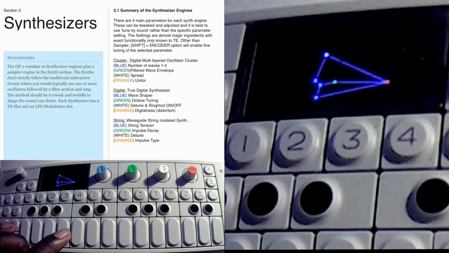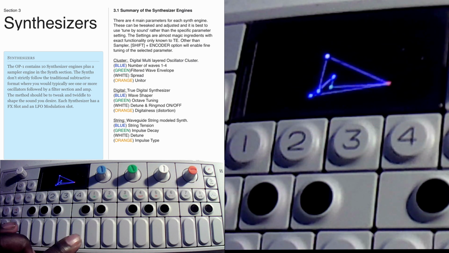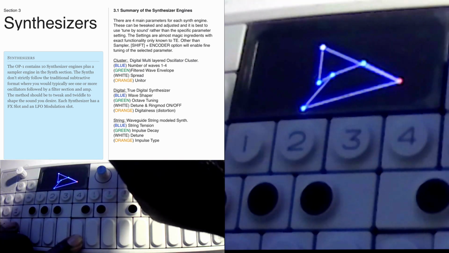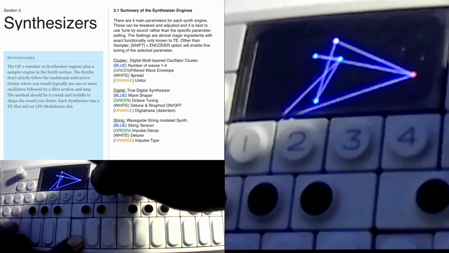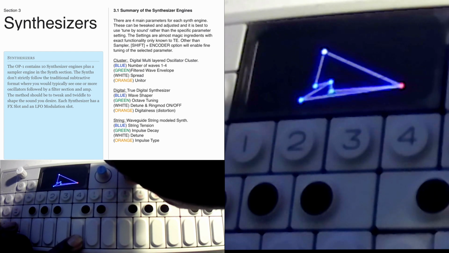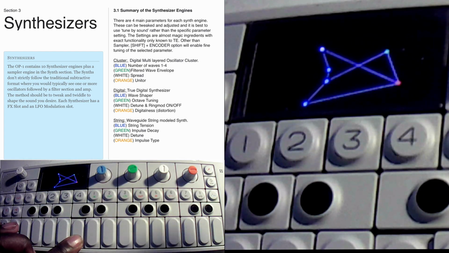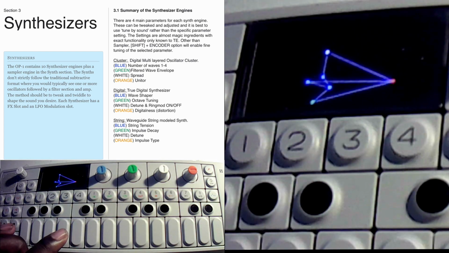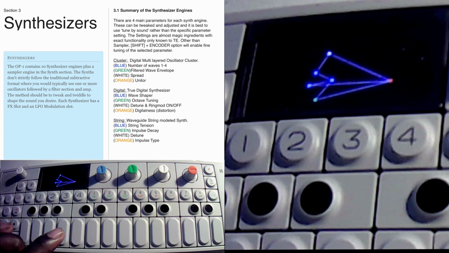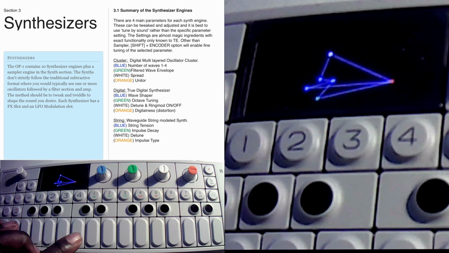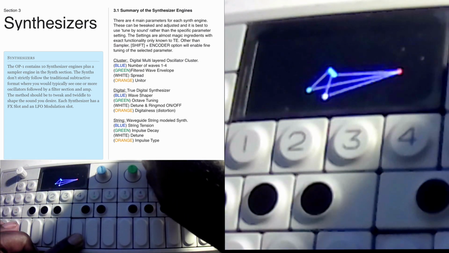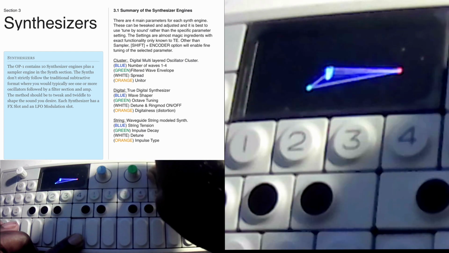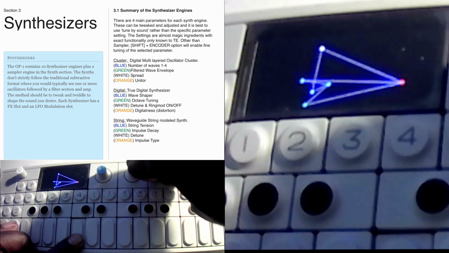The green knob is octave tuning: that's fully closed, about midway, and fully open. The white knob controls detune and ring modulation. That's fully open and that's fully closed.